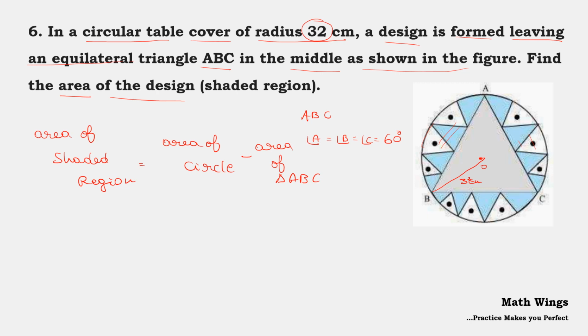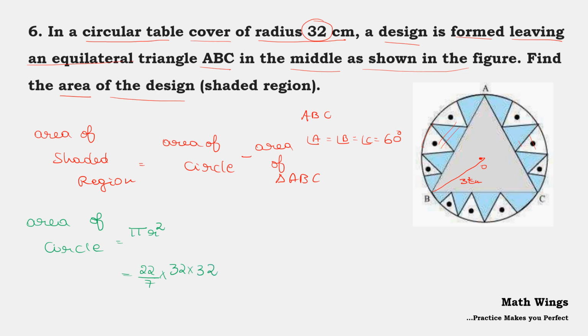What's the formula? Area of the circle is equal to pi r square, which we can find directly. So area of circle is equal to pi r square, and here they have not asked us to use pi as any particular value, so we can keep it as 22/7 into 32 into 32.